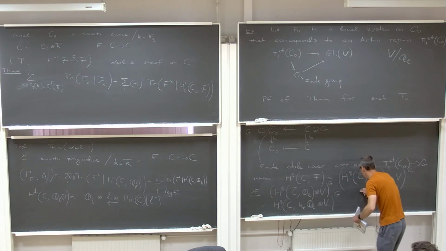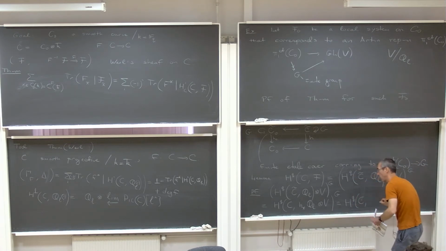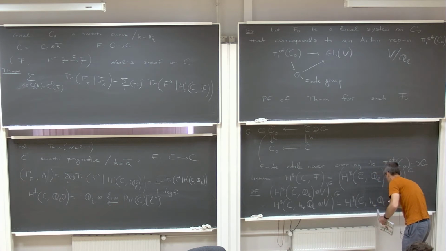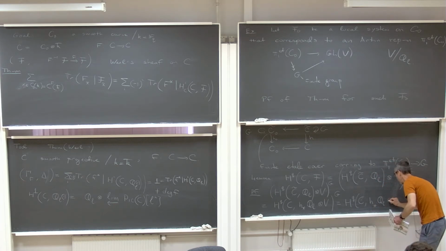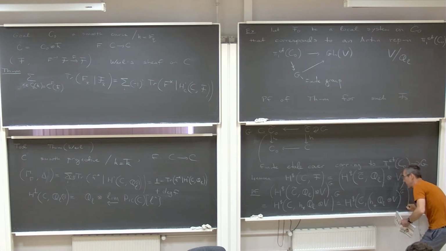So this is the same as homology of C with coefficients in H rho star QL tensor with V, and here I take G invariance, right? That is because this functor of G invariance is exact on the category of QL vector spaces with action of G, G a finite group, by Maschke's theorem.